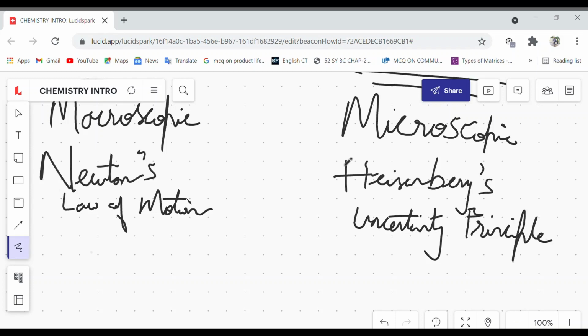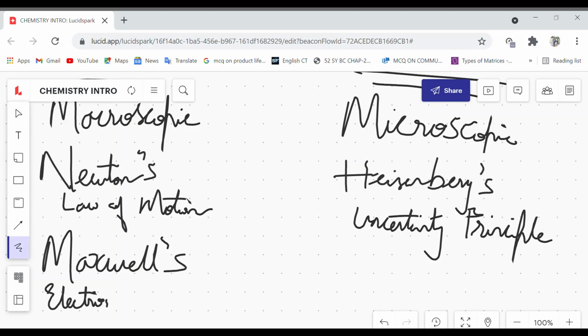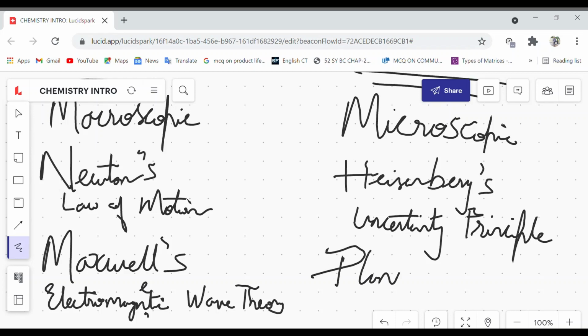Then it is based on Maxwell's electromagnetic wave theory. This is based on Planck's quantum theory.